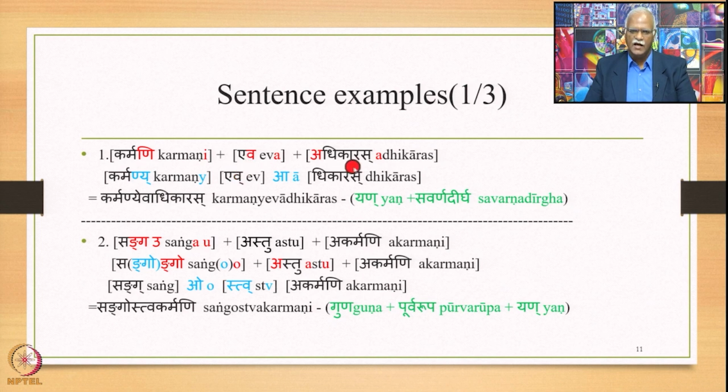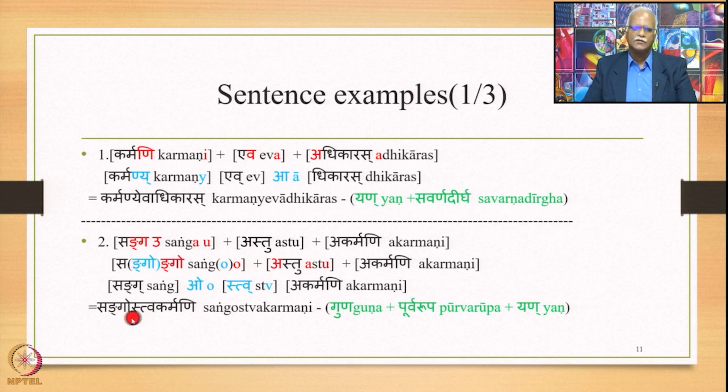Similarly, eva adhikaras as input and evadhikaras as the output. When you join them together, you get the line karmanyevadhikaras. So there are these two sandhis that are playing an important role over here, and they are yan sandhi as well as the savarna dirgha sandhi.